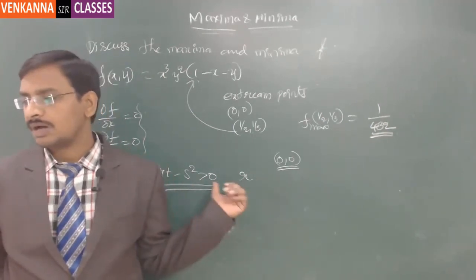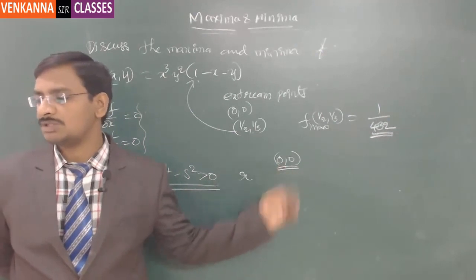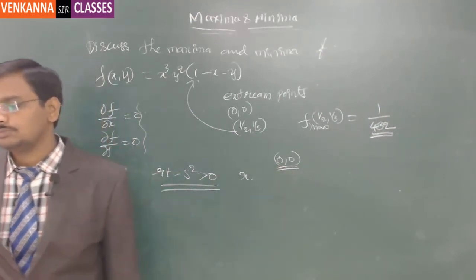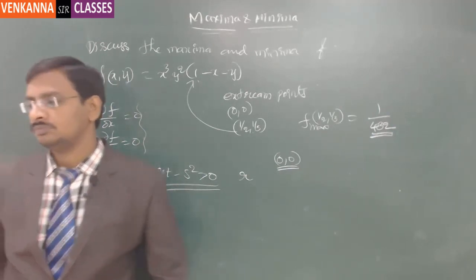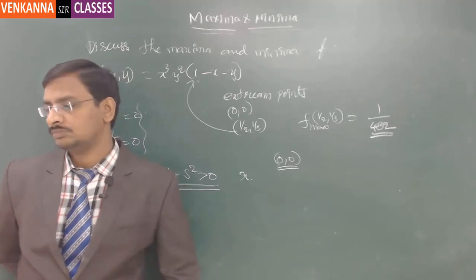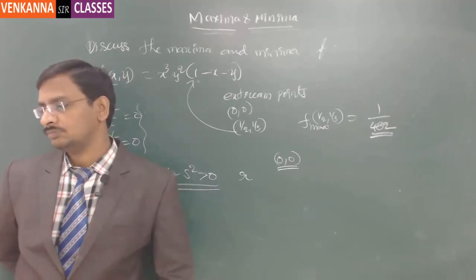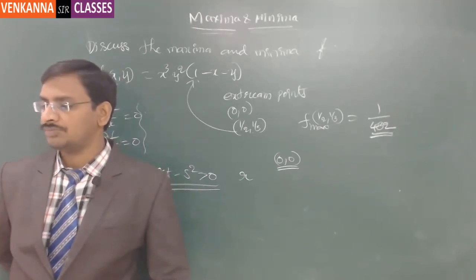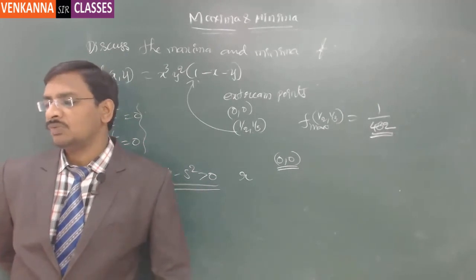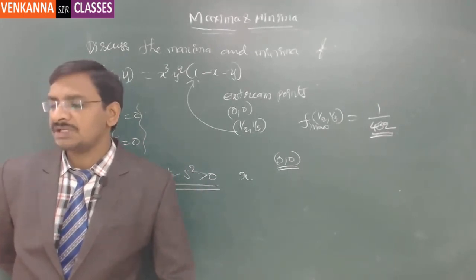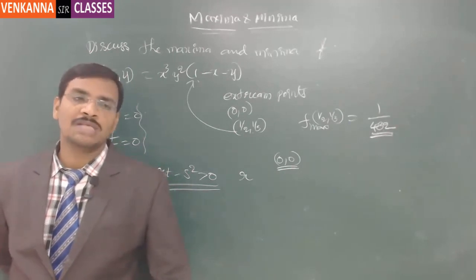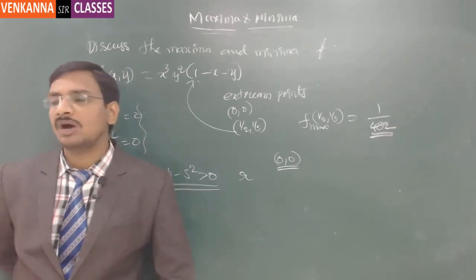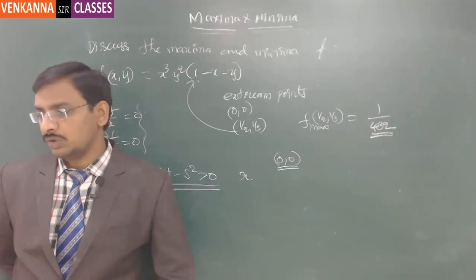So what is rt minus s square for 0, 0? So it is coming out to be 0. Then we need further investigation whether it is a saddle point or not. It may be a maximum value, or it may be a minimum value, or it may be a saddle point, which we don't know.